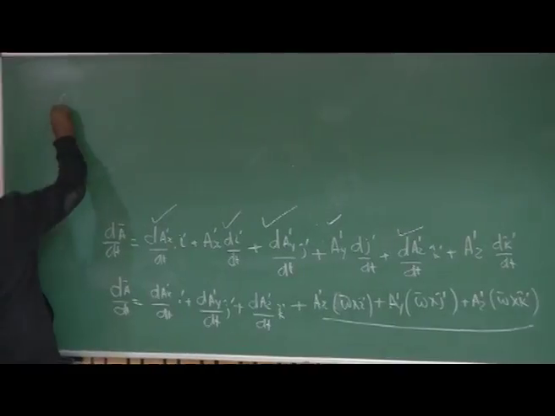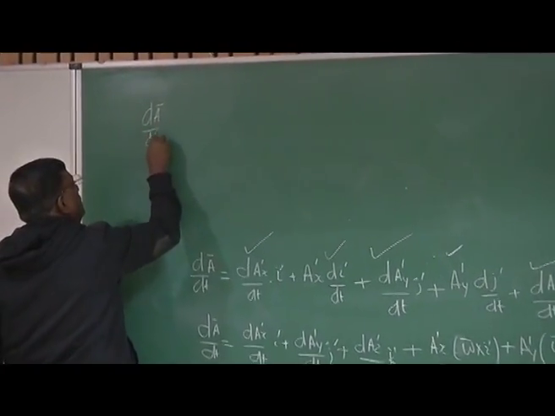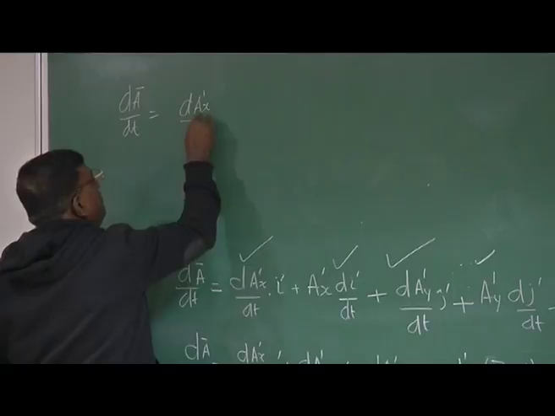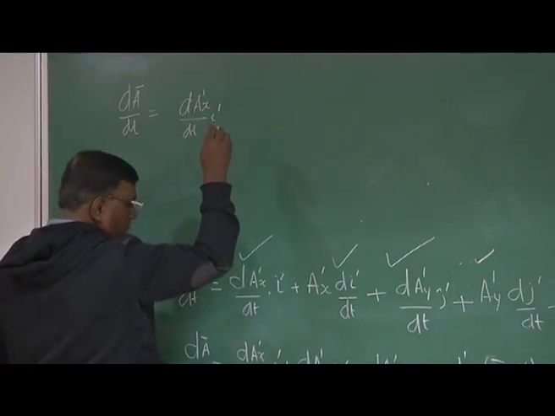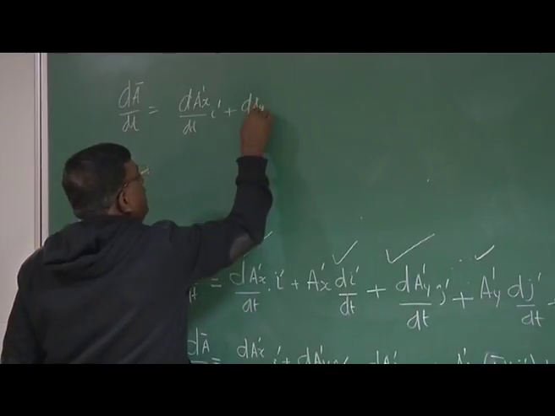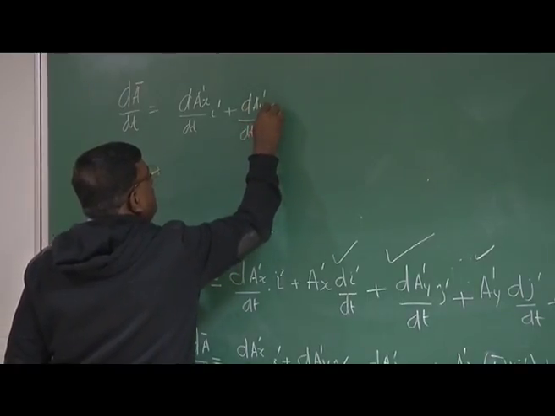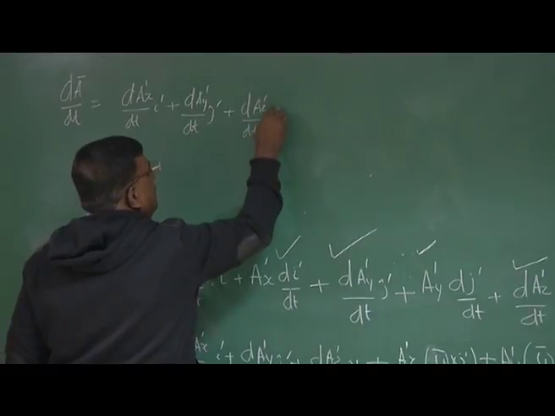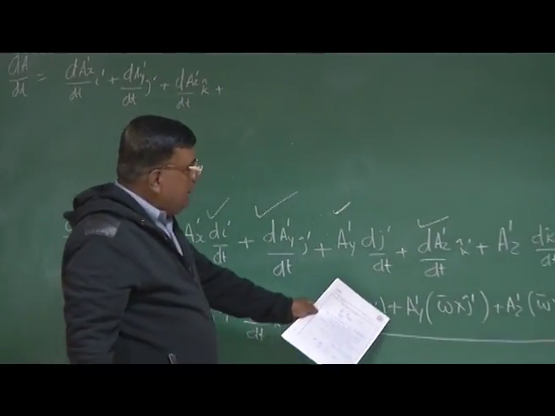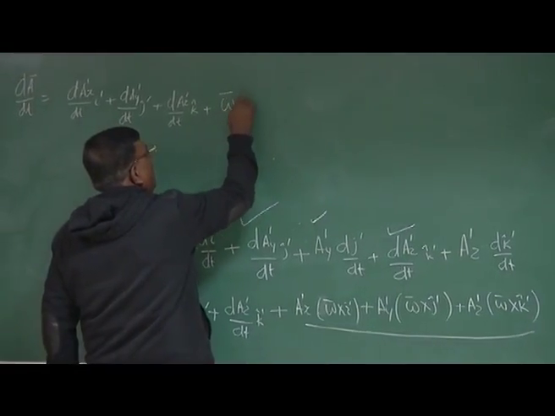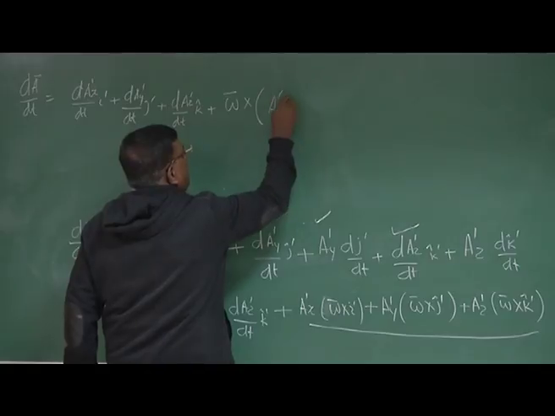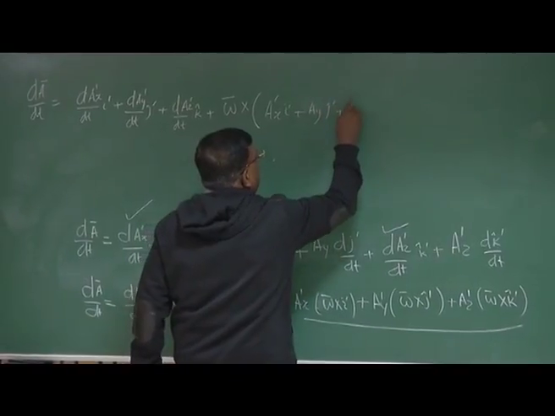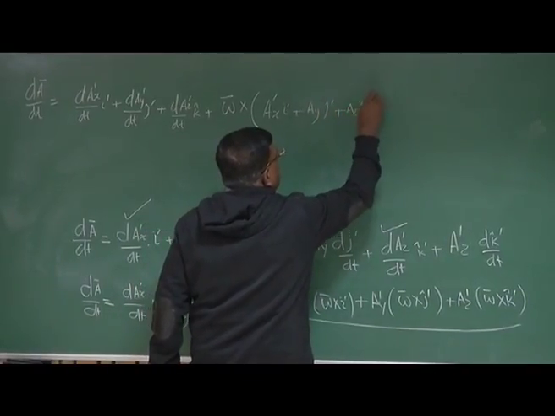So, what are we getting? dA by dt equal to dAx prime by dt into i prime plus dAy prime by dt into j prime plus dAz prime by dt into k prime, plus, for this I can write omega cross Ax prime i prime plus Ay prime j prime plus Az prime k prime.